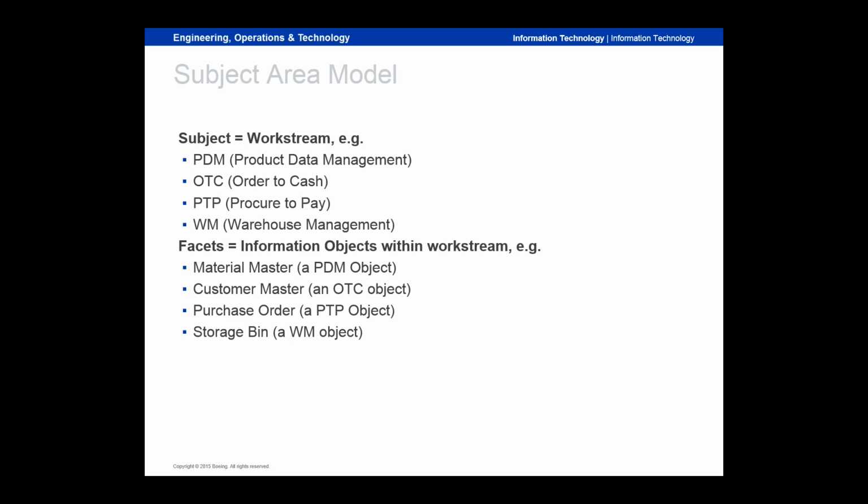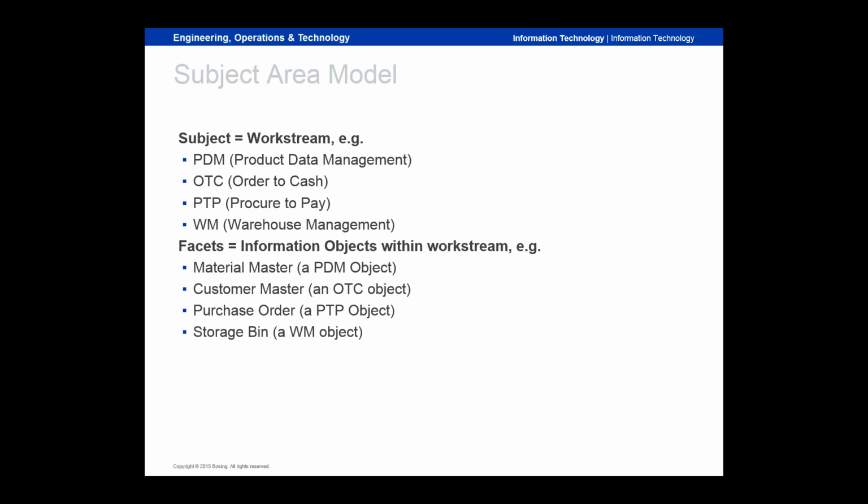Material master within PDM, customer master within OTC, a purchase order within procure to pay, storage bin, the thing that Nick just showed you. These are mostly, not 100%, but mostly, archivable business objects or information products that have what I would call hard edges. They're real objects within SAP, which was a happy discovery.